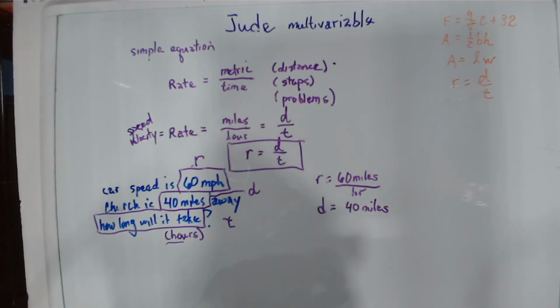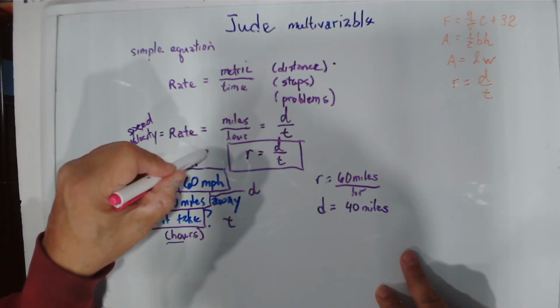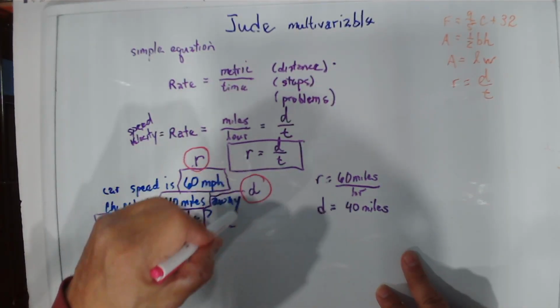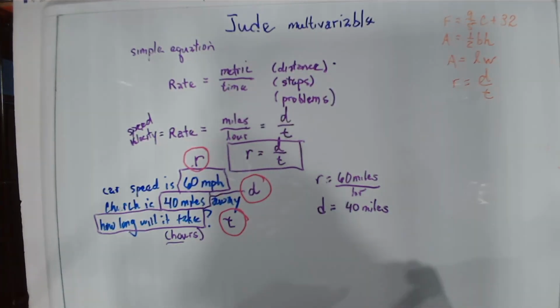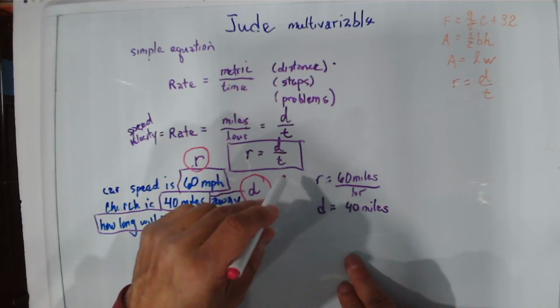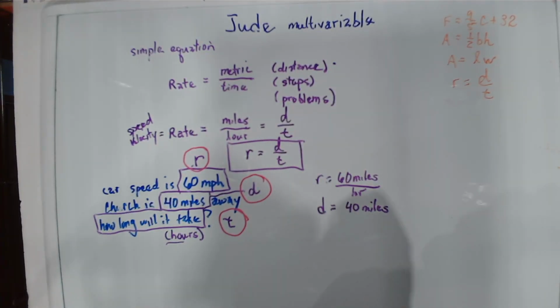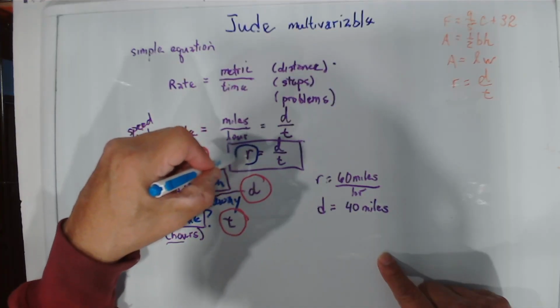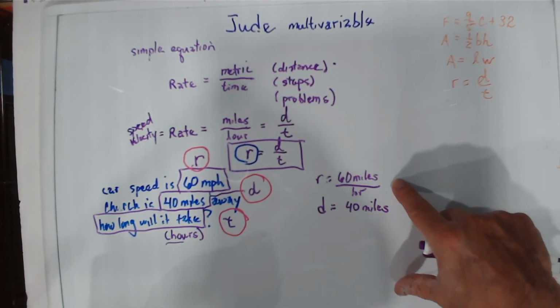So now the variables that we found in this problem are R, D, and T. So when we're looking at R, D, and T, which one do we know? Well, they told us R. I'm going to circle that in blue. They told us what R is, right? We got R here.